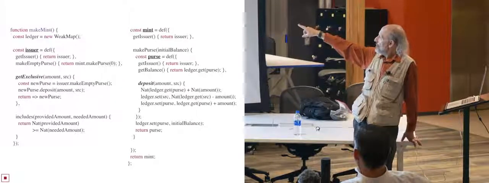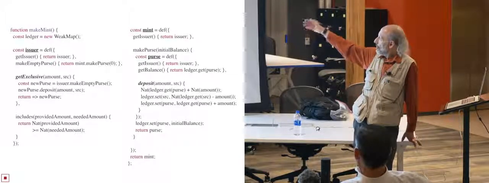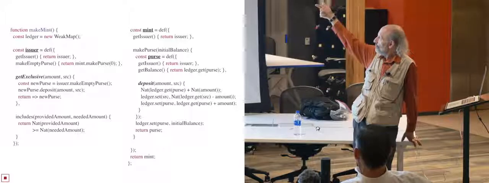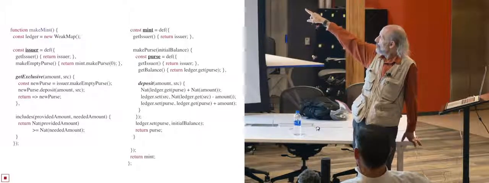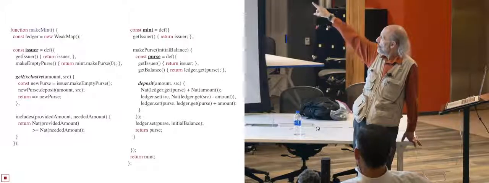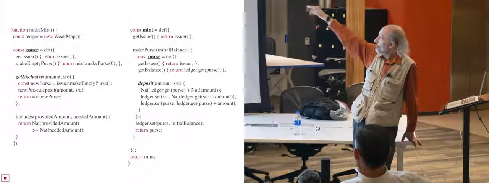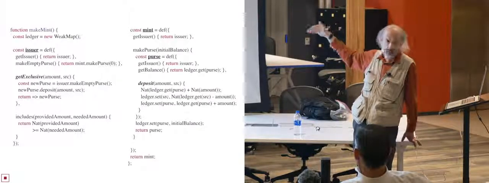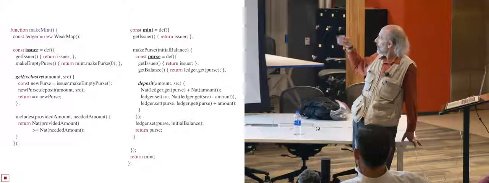So the ledger.get of purse, well, that's this purse itself, which is defined as const purse equals def, open paren, open curly, inside make purse. That's the purse that's referring to. So that's my own balance.